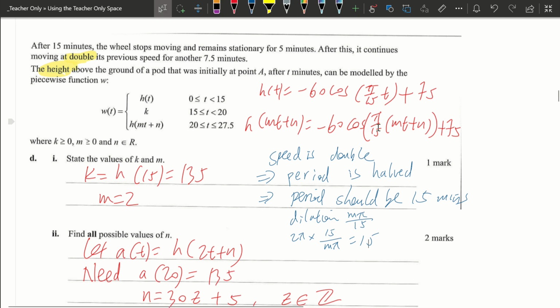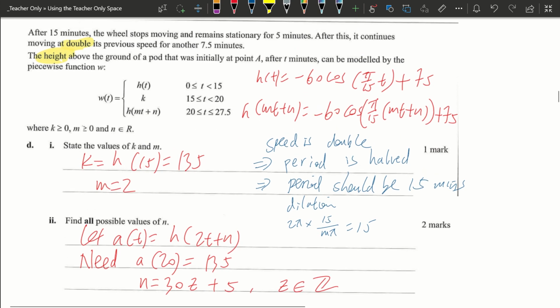Because the dilation is pi over 15 times m, so I need to take 2 pi and divide by the dilation. Yeah, I shouldn't put that there. I should just write this down. Yeah, that's what I should write.